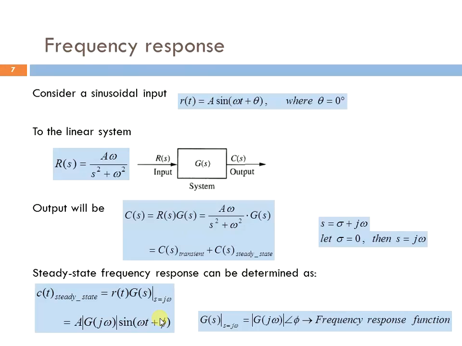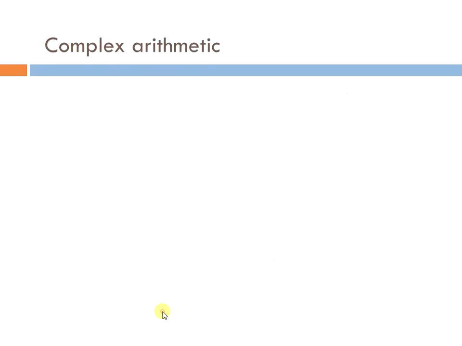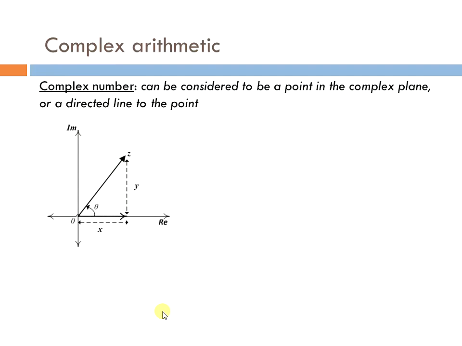Now, before getting into the frequency response analysis, it is useful to review some complex arithmetic, which will be very relevant to the subsequent analysis. A complex number z can be represented in the complex plane as having a real component x and an imaginary component y.